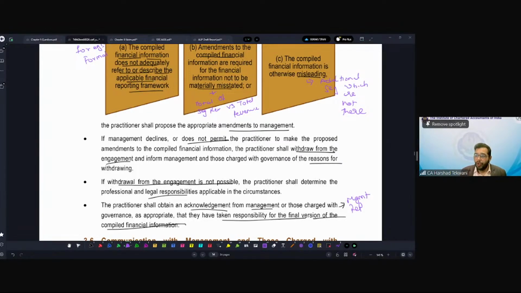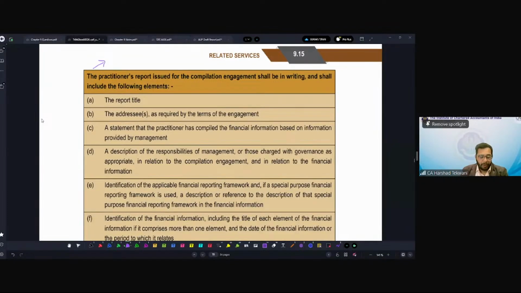We have to make sure that we use the terminology, the words, the appropriate descriptions, so that we can convey this is not an assurance report. Just like we did in SRS 4400, in a similar way, we will do it here. So let's see what is the basic minimum requirement of the report. These are the minimum requirements that we are discussing now.